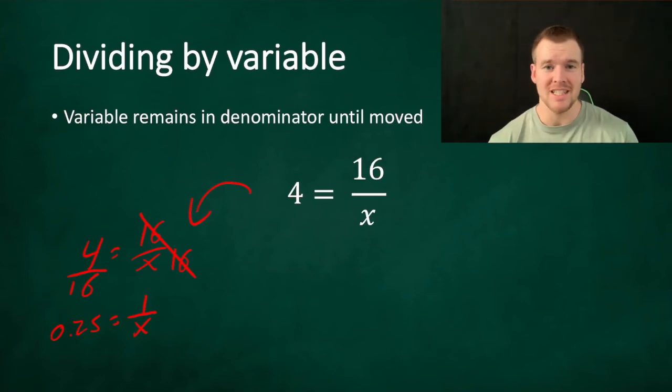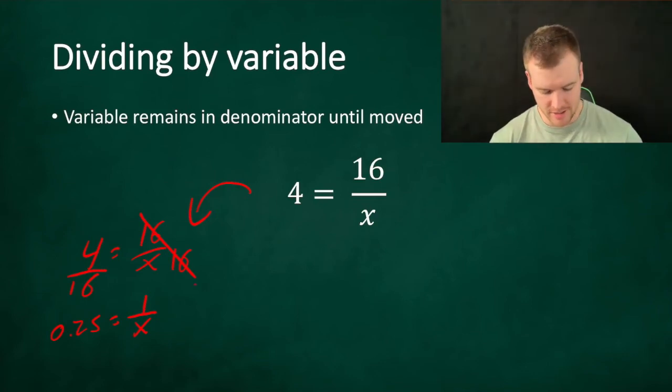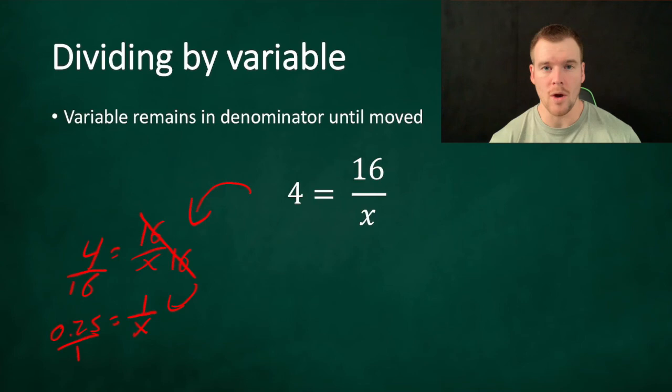Now, lots of people don't like dealing with 1 over x, but that's what you get in this situation. What you can do here, or a common way to solve it, is know that any number, so you have 5, 5 is really the same as 5 over 1 as a fraction. And it's looking like a fraction over here with my variable. So I'm going to write not just 0.25, but 0.25 over 1. Now what you can do is flip the fraction on one side as long as you flip it on the other, like all the other operations we did.